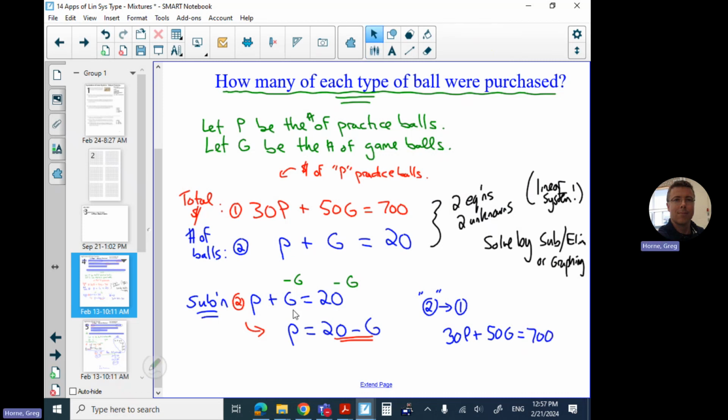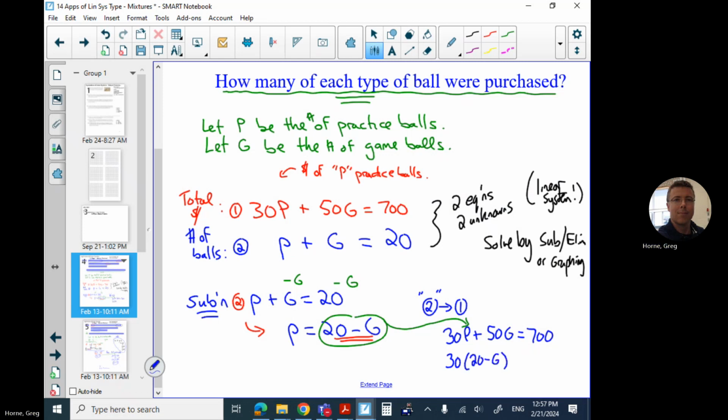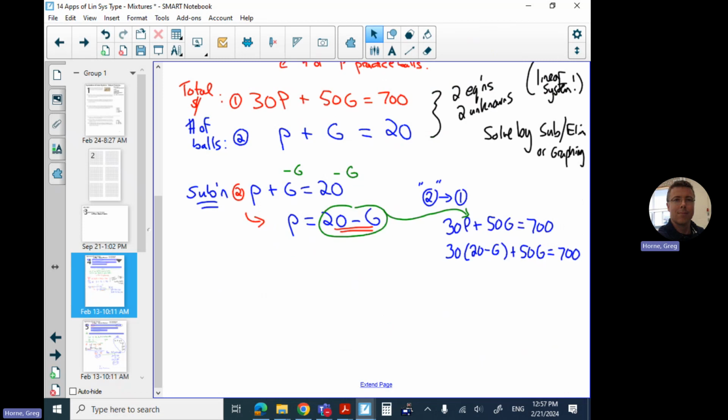So P, 20 minus G, is going to go in there. 30 times 20 minus G plus 50G equals 700. We're going to work towards solving for G at that point. It's ready to go for us.